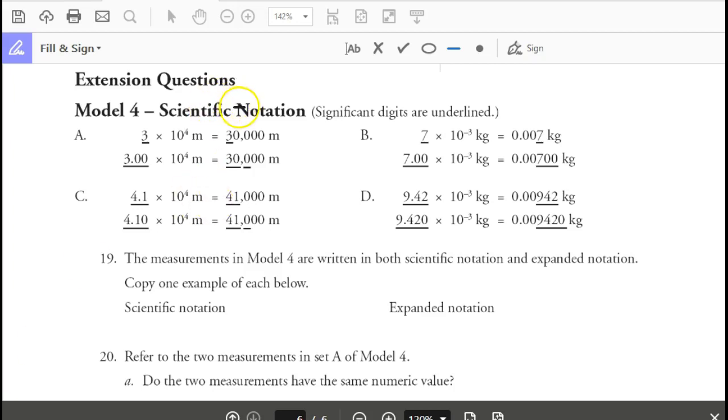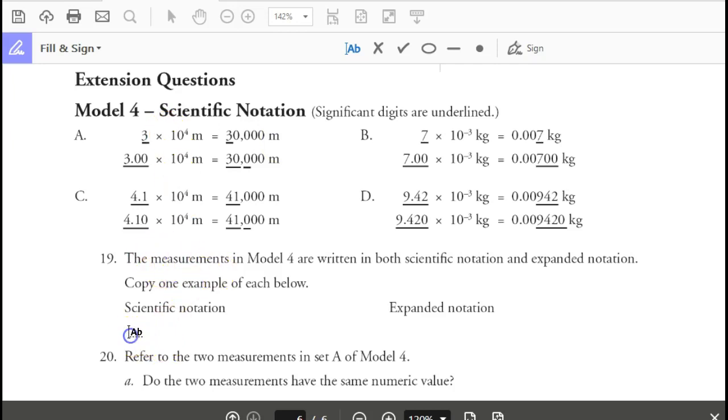Okay, for Model 4, scientific notation, significant digits are underlined. So it's already telling you the number of significant digits in this one. For number 19, the measurements in Model 4 are written in both scientific notation and expanded notation. Copy one example of each below. So we can use the first example.